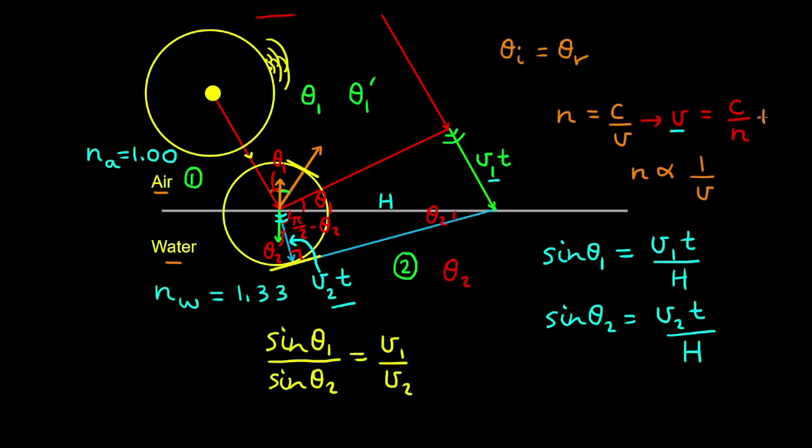And now using this relationship, the speed of light in medium 1 is the speed of light in a vacuum over the refractive index of medium 1, and similarly V2 is c over n2. So the c's cancel and n2 ends up in the numerator.